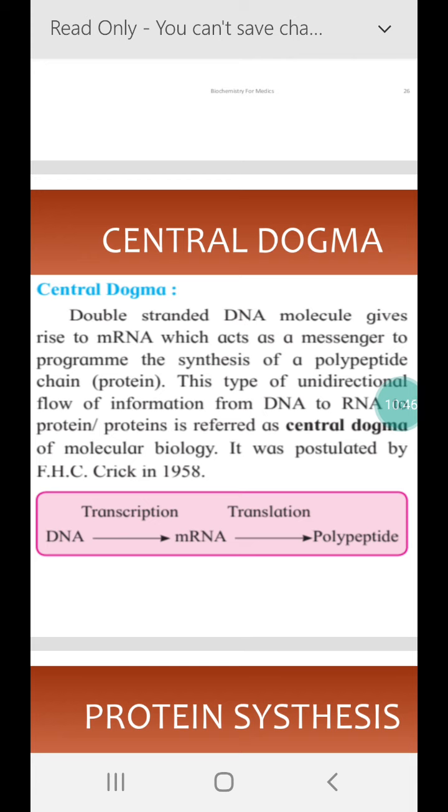So the sequential flow from DNA to polypeptide or protein is called the central dogma.